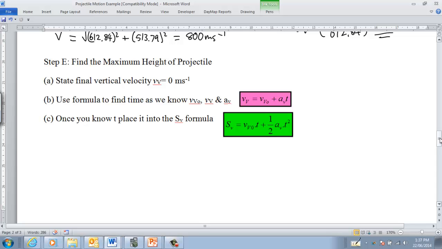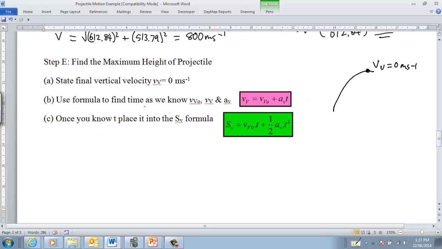Find the maximum height of the projectile. So in other words, when this thing goes to maximum height, what we know here is the vertical component of velocity is 0 metres per second. In this case, it should be half of the time of flight anyway, but let's just do it, as we can do this at any time.